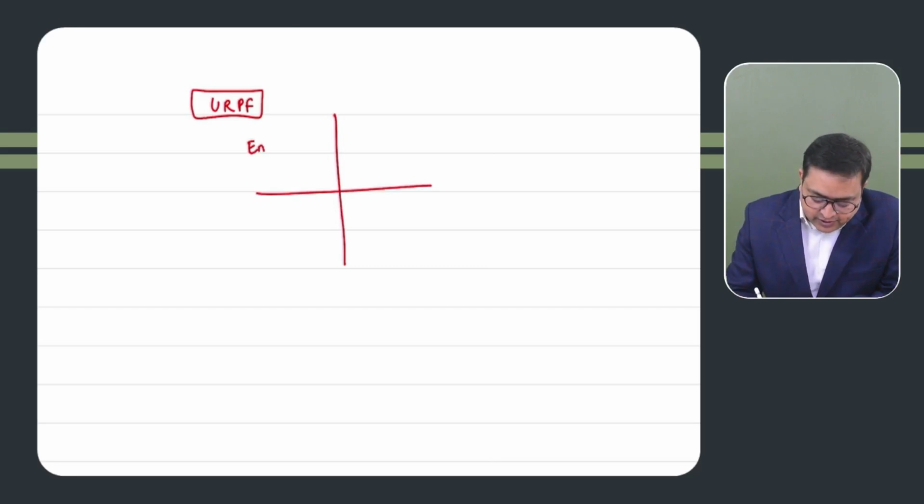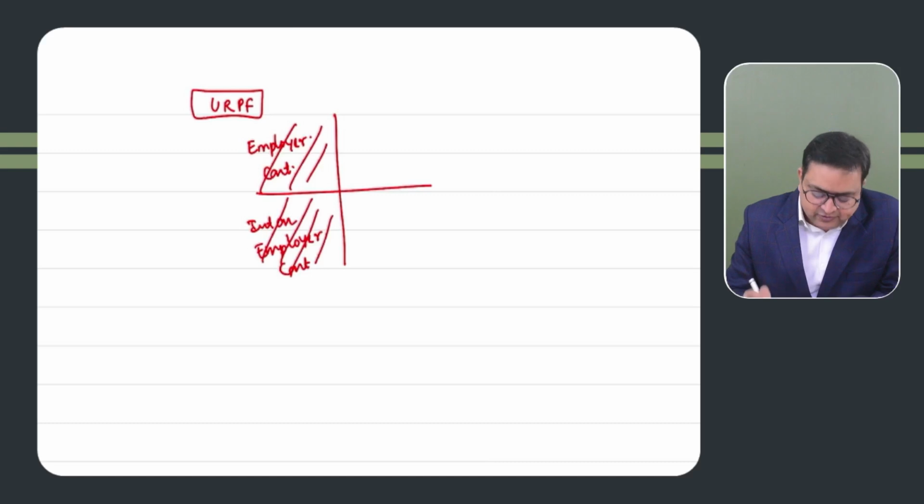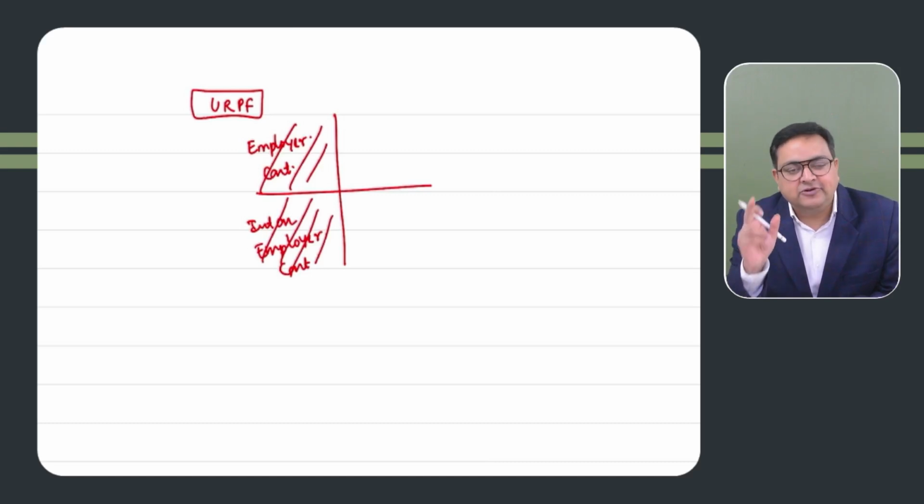Whatever is the employer contribution when you receive, plus interest on employer contribution. These two parts will become your salary income at the time when you will actually receive it.